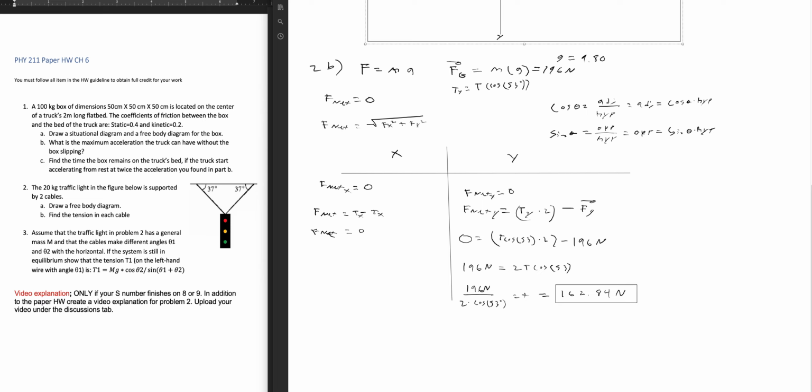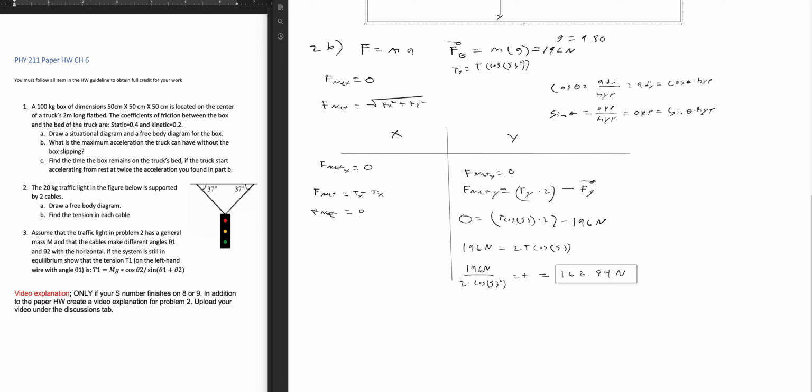So substituting in for here, and once again I have that written up here, Ty equals T cosine of 53, I get 0 equals T cosine of 53 times 2 minus 196 newtons. Remember, force of gravity. Isolating for T, I get 196 newtons is equal to 2 times T times cosine of 53.